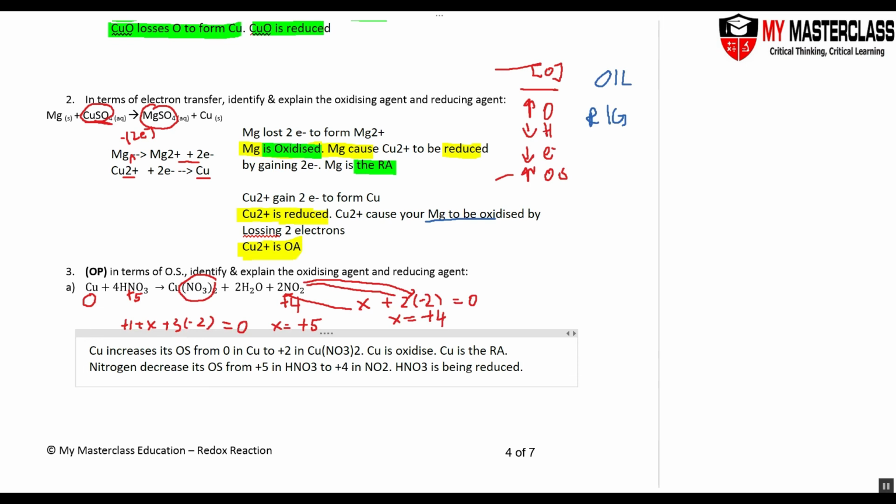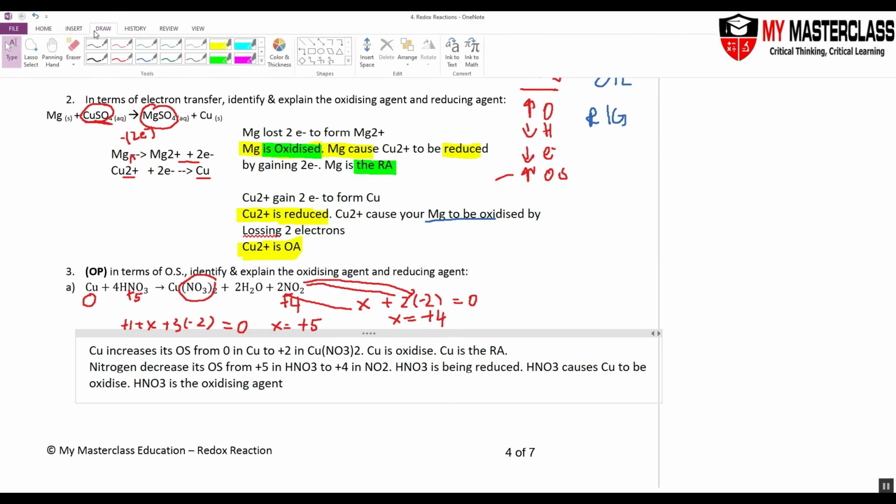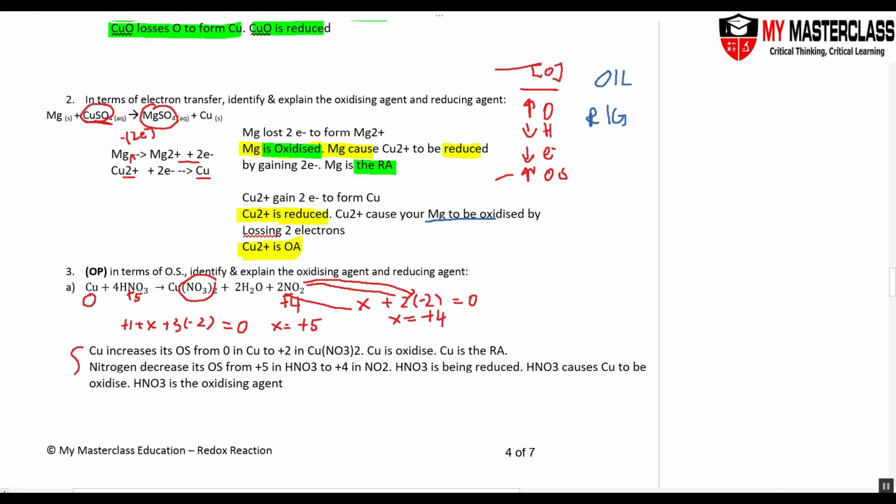HNO3 is being reduced. HNO3 causes your Cu to be oxidized. So HNO3 is the oxidizing agent.